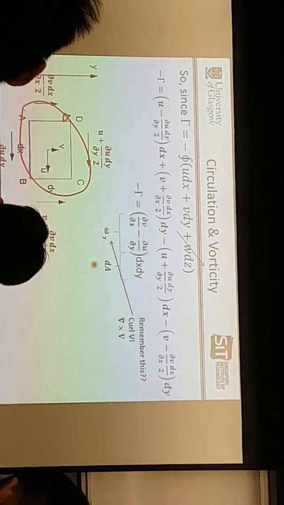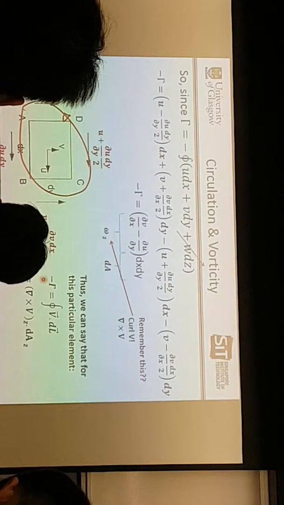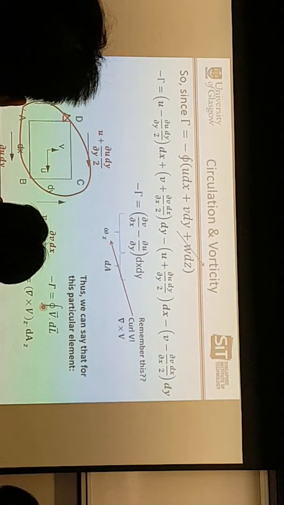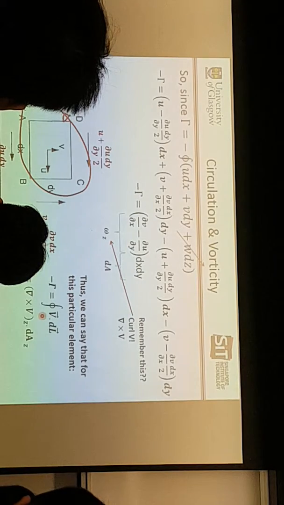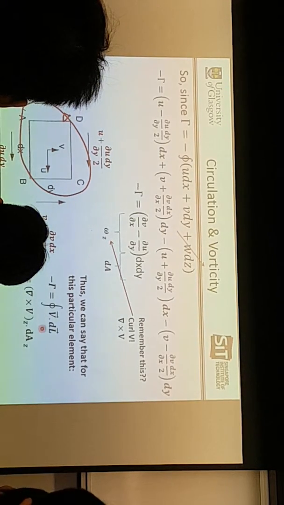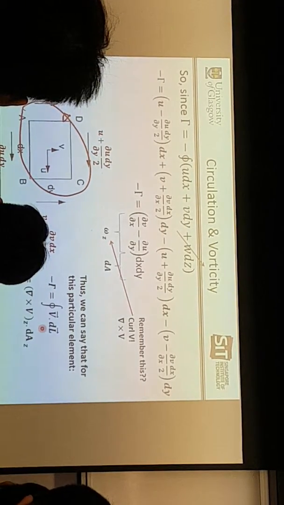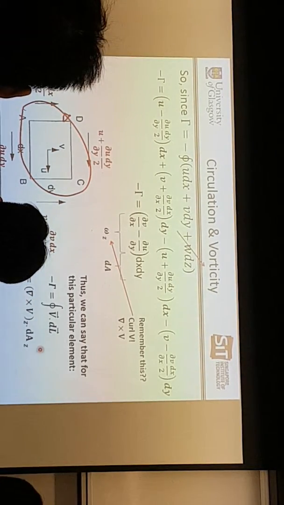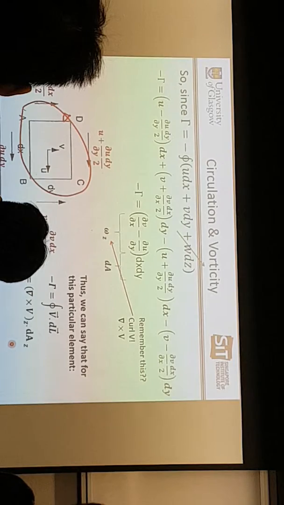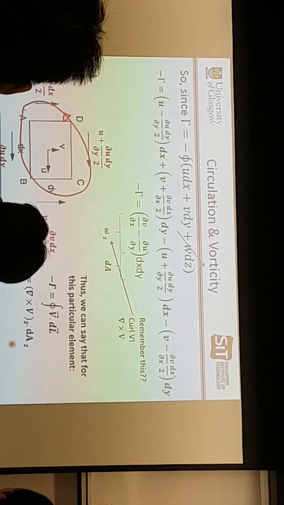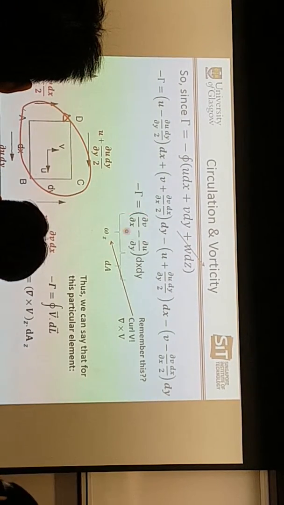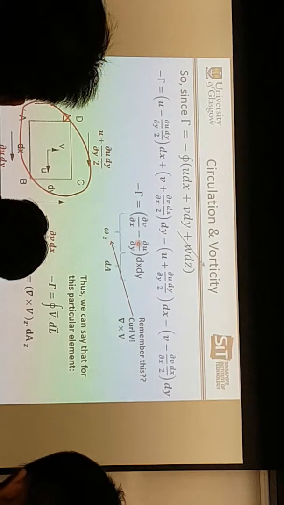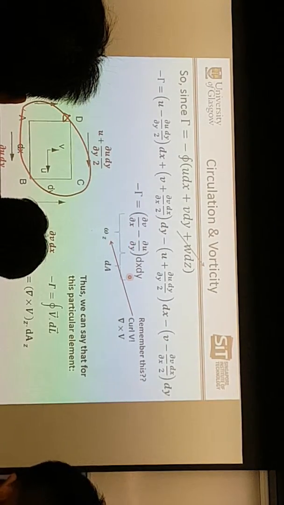If I write this in words, it just tells us that circulation can be equal to either the closed integral of my velocity multiplied by length scale, or the curl of the velocity vector multiplied by the area that I'm looking for. The very important thing that you must remember is this: the angular velocity here is always perpendicular to dx dy.